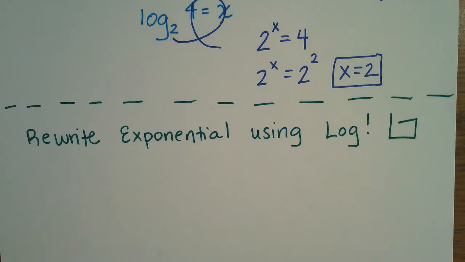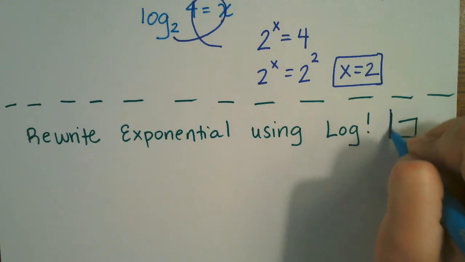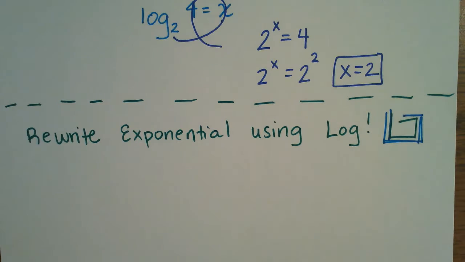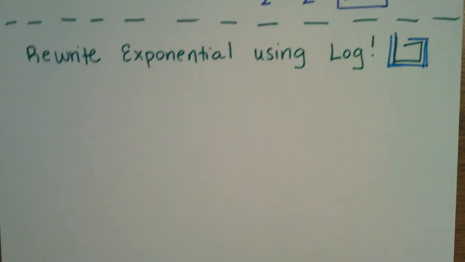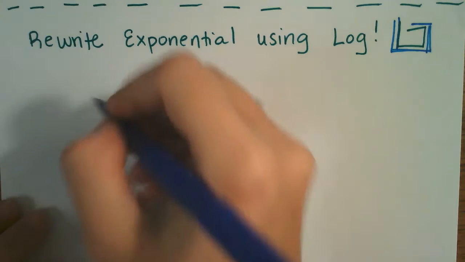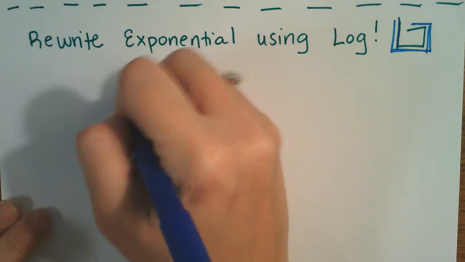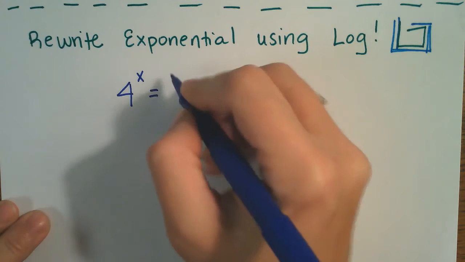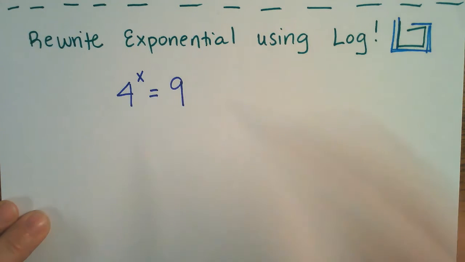And I've drawn this little symbol over here. This is kind of the motion we're going to go in. All right, so 4 to the x equals, let's say, 9.